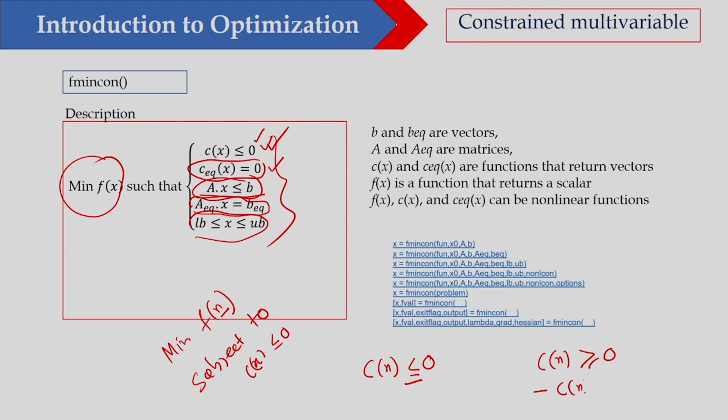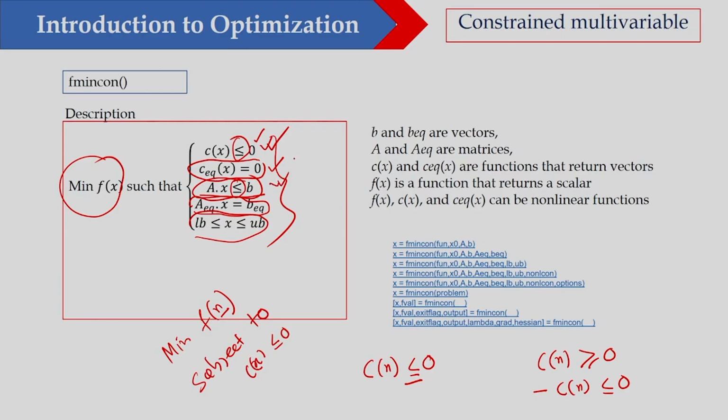So, minus c(x) is less than or equal to 0. Okay. So, always this sign should be less than or equal type, and similarly in case of linear inequality constraint, this also should be less than or equal type constraint. So, if it is greater than or equal type constraint, we have to convert it to less than or equal type constraint.